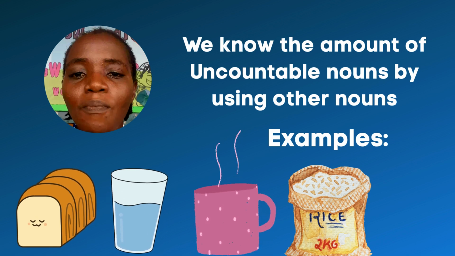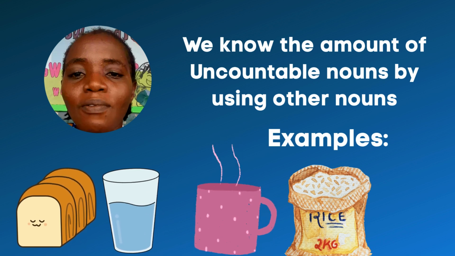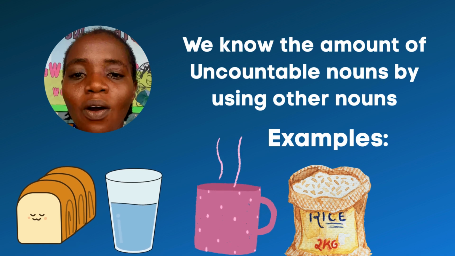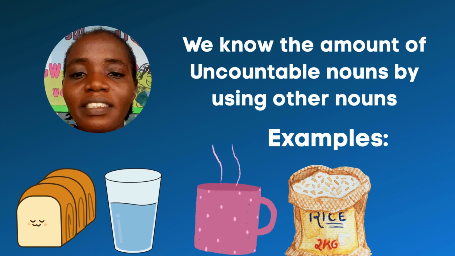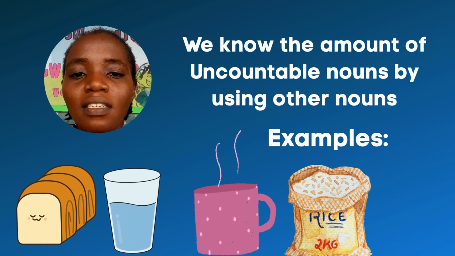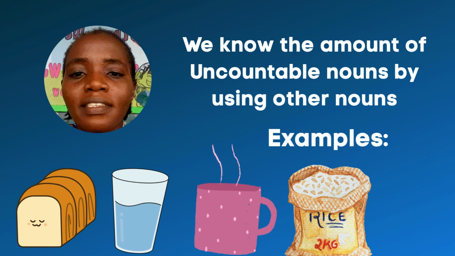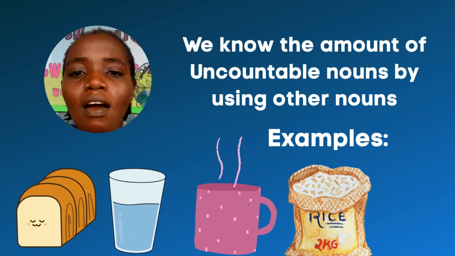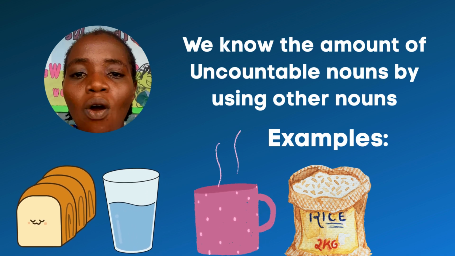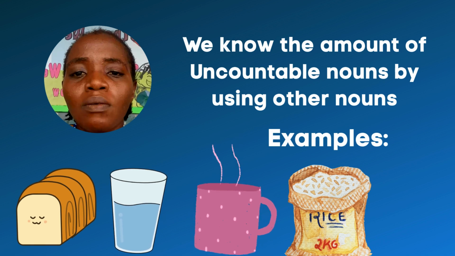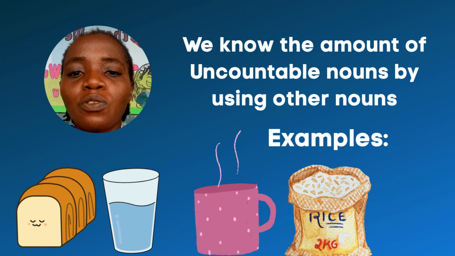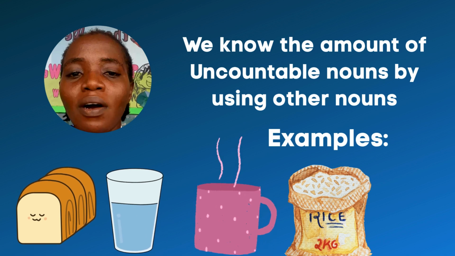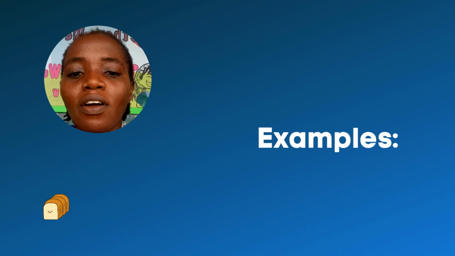For example, a cup of water or a glass of water, a loaf of bread, a cup of tea, a bag of rice, a handful of sand, or a teaspoonful of salt. These are the ways by which we know the amount of uncountable nouns.